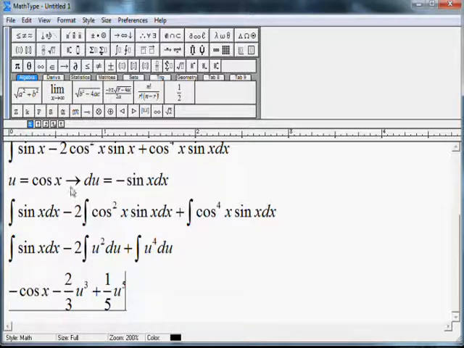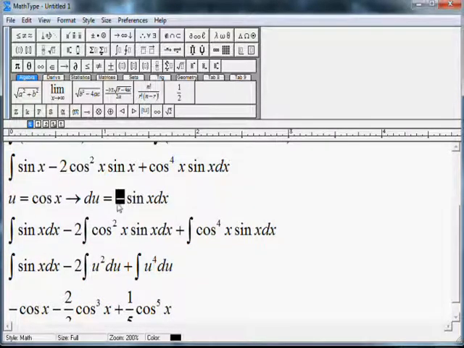But what's u? u is cosine. So we'll just change this to cosine. I used to have a professor who said, but we don't care about u. I thought that was funny because it was a pun. Anyway, let me just check my notes. Oh, there's one thing we forgot.